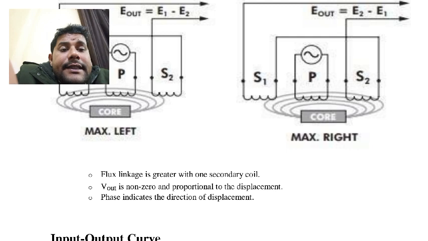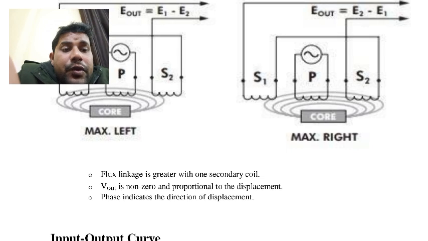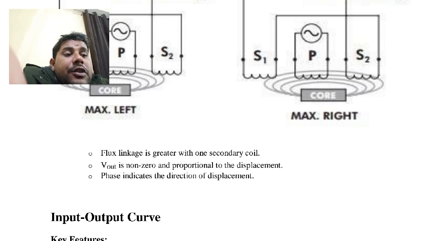So the flux linkage is greater with one secondary coil, and the output voltage is non-zero and proportional to displacement.